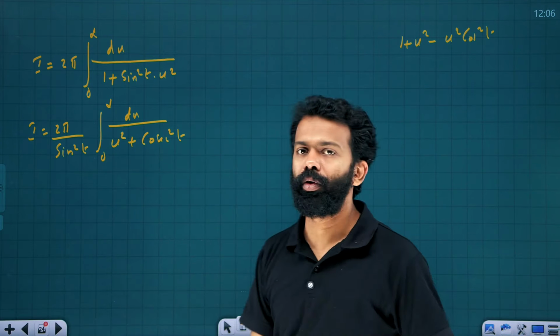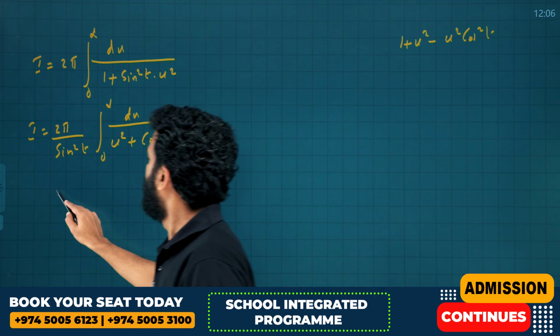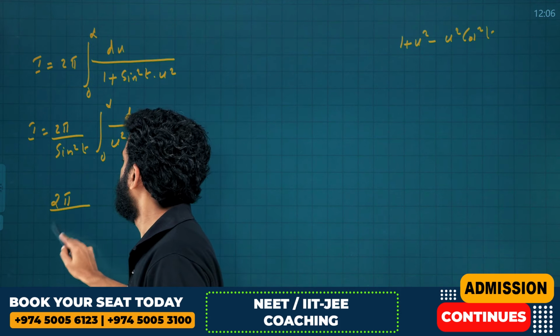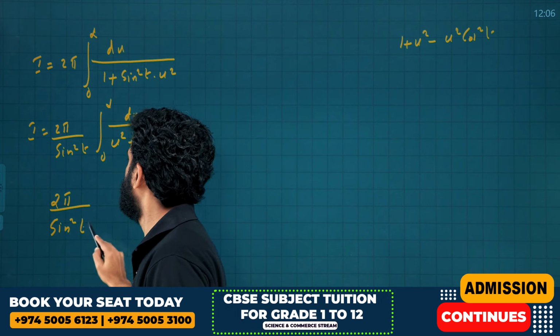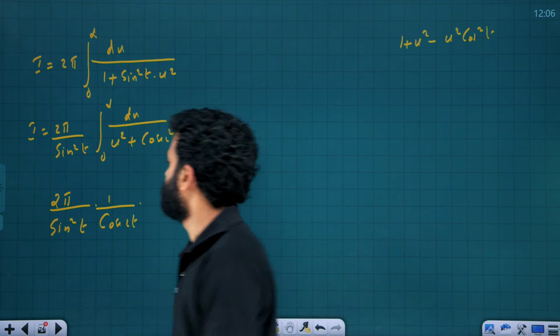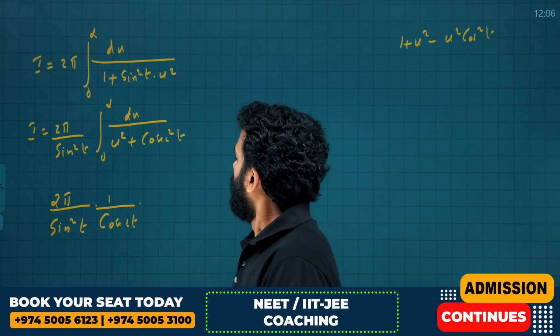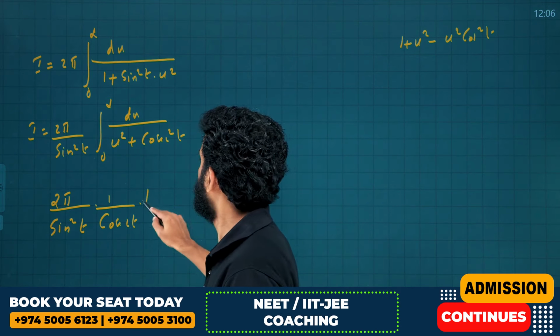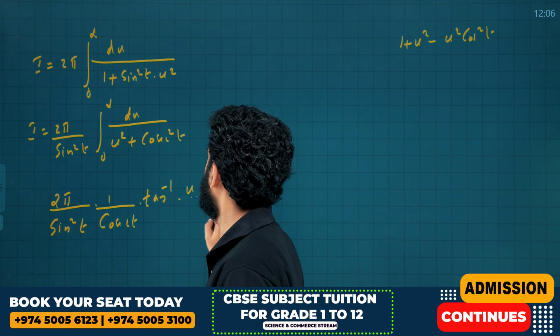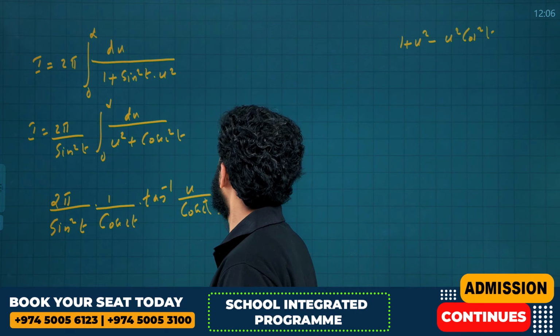That's all. So what is the answer for this one? Integral of 1 by u square plus a square, right? That is 2 pi divided by sin square t into 1 by cosec t, and into tan inverse of u by cosec t, 0 to infinity.